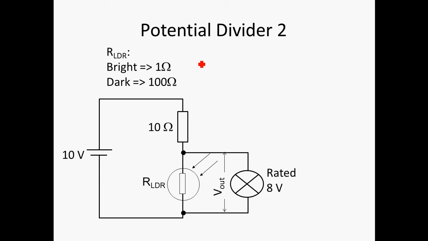So first of all, let us consider the output voltage when it is bright. That means there is daylight. The output voltage is going to be equal to 1 over 1 plus 10 times 10. So what is the answer? Let me punch it into my calculator. Sorry, I made a mistake here.